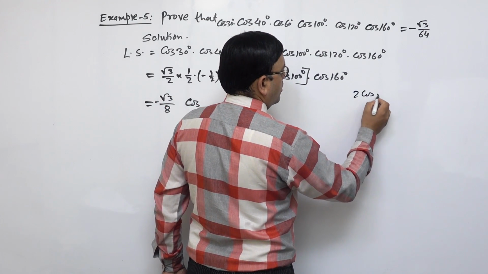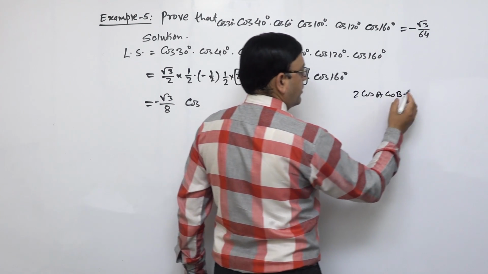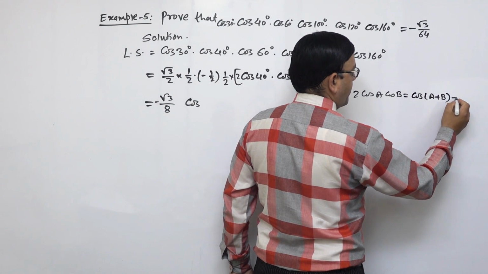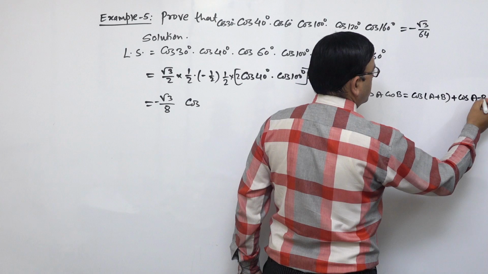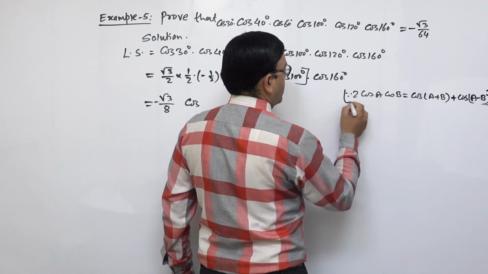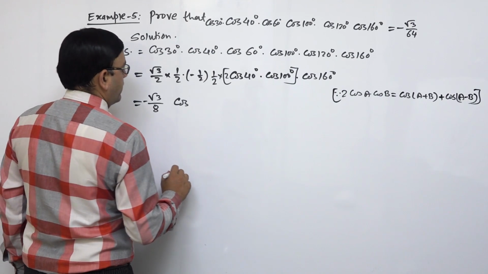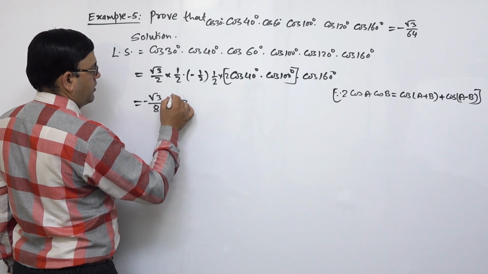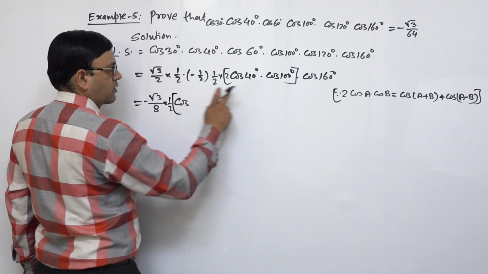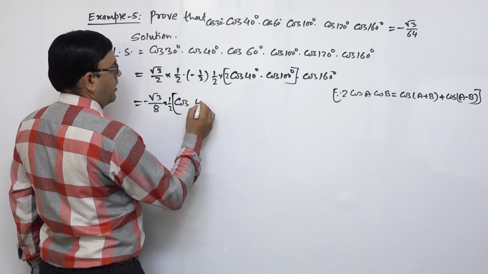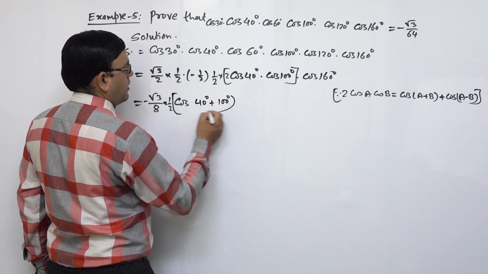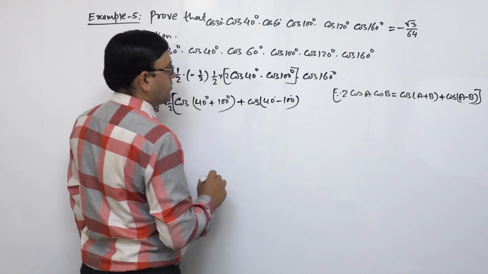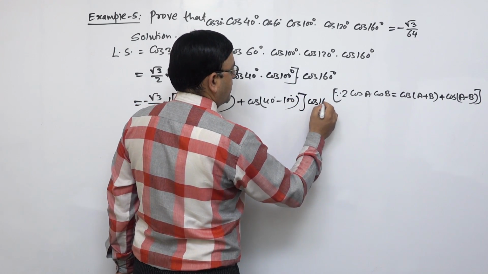The formula of 2 cos A cos B is cos A plus B plus cos A minus B. So we write 1 by 2 times, cos A plus B, which is cos 40 plus 100, plus cos A minus B, which is cos 40 minus 100, times cos 160 degrees.